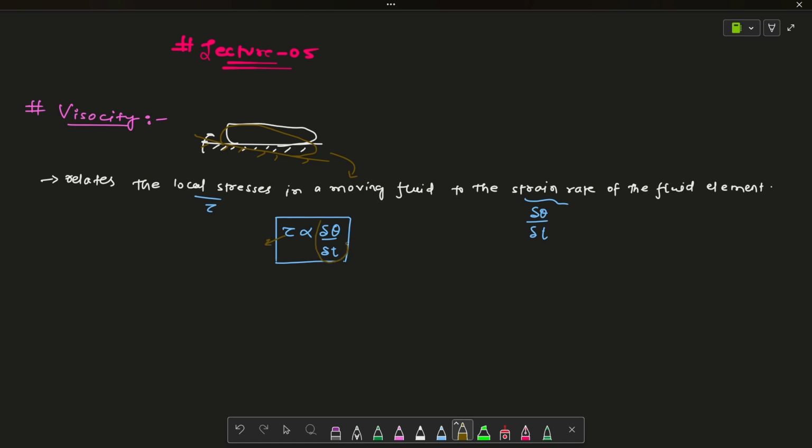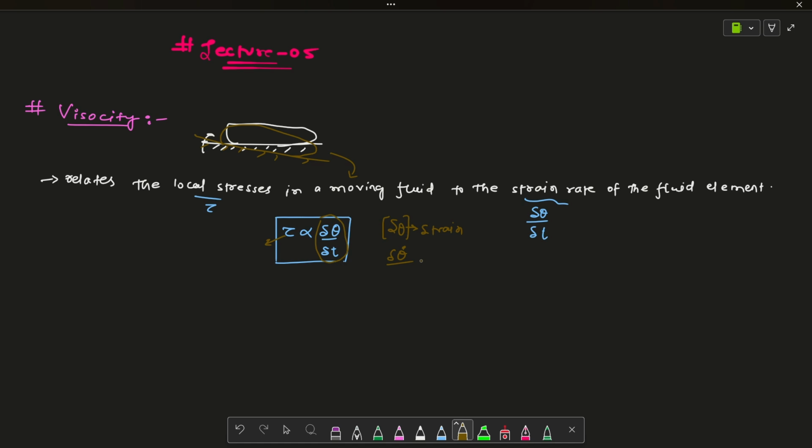This represents local stress and this represents strain rate. Delta theta means change in length or change in angle, so this represents your strain. And when you divide it by time it becomes the strain rate, that means delta theta dot.